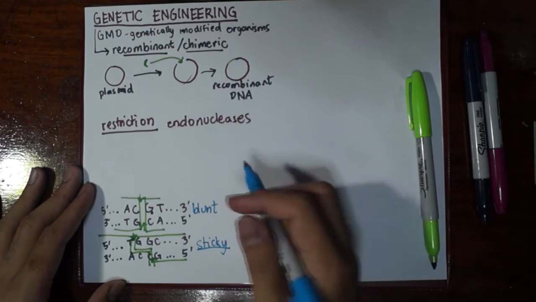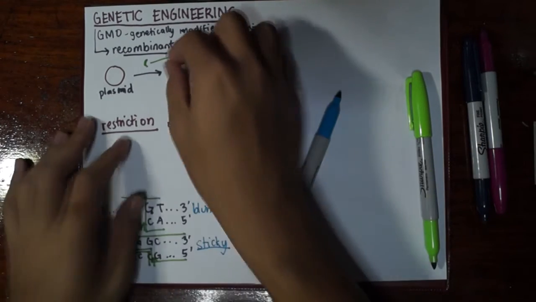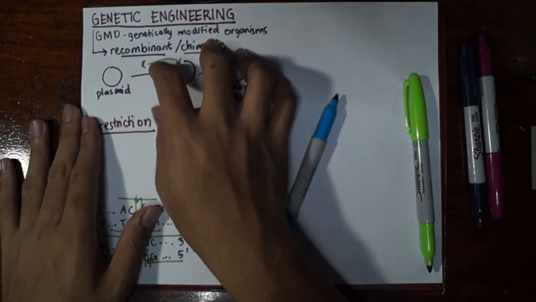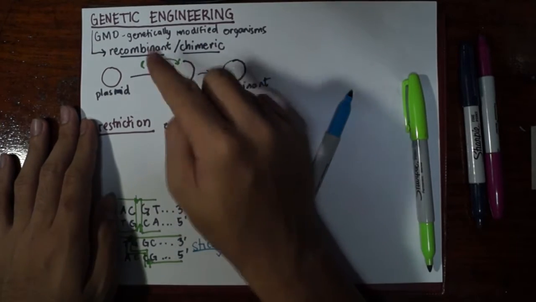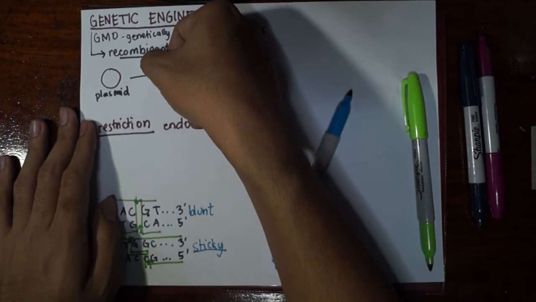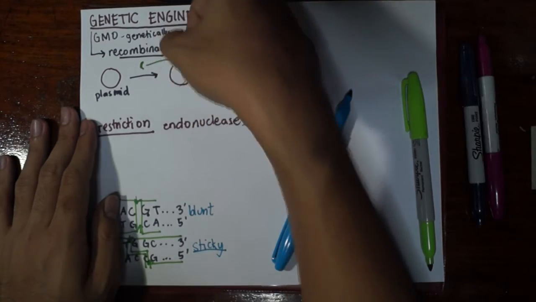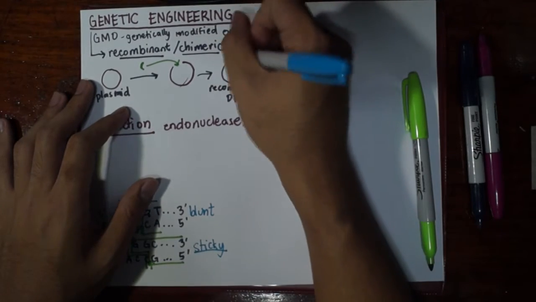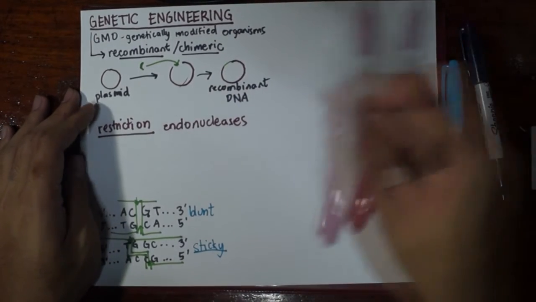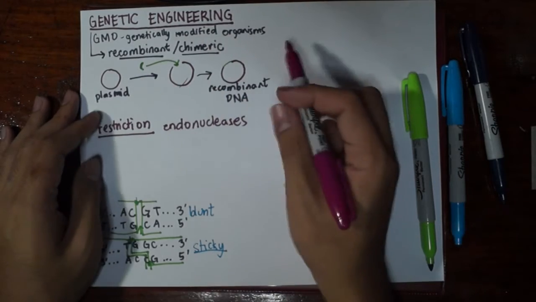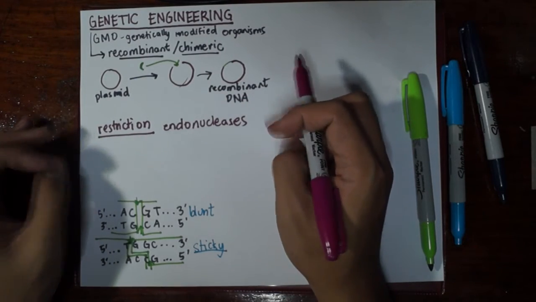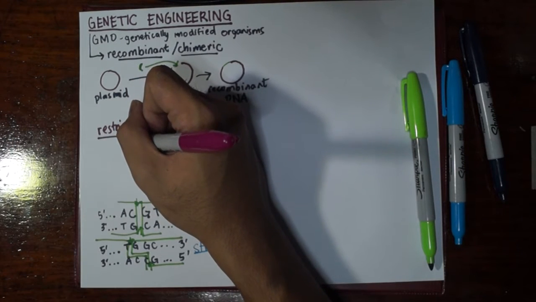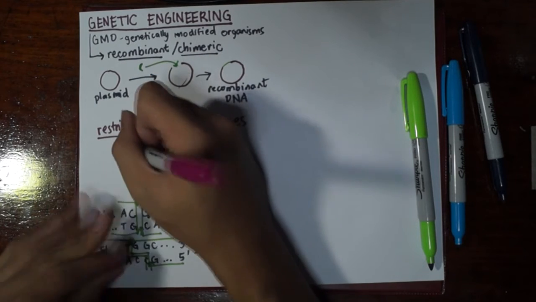Now, what happens after you cut it, then you open it up, then you have this gene, this portion isolated from somewhere, and then you insert it here. And this is the one with a particular characteristic that you like, which you put inside. And then when you have it, you need to seal them off in order for them to be completely joined, because remember, you cut it off at the start. You need to stick it back, and since you cut a phosphodiester bond, you need an enzyme that will seal a phosphodiester bond.